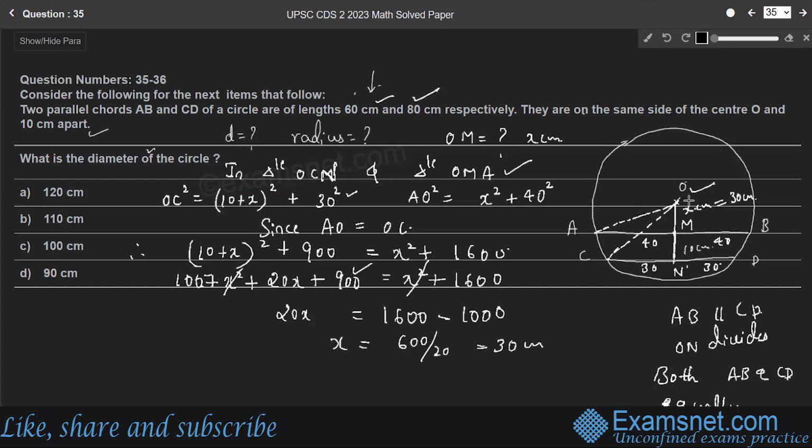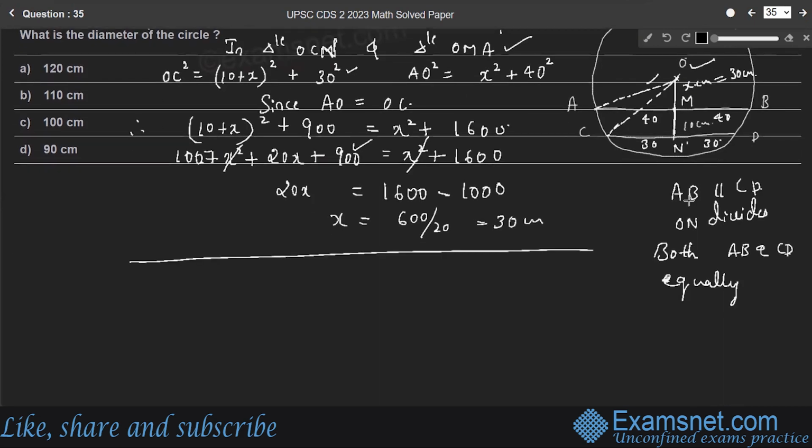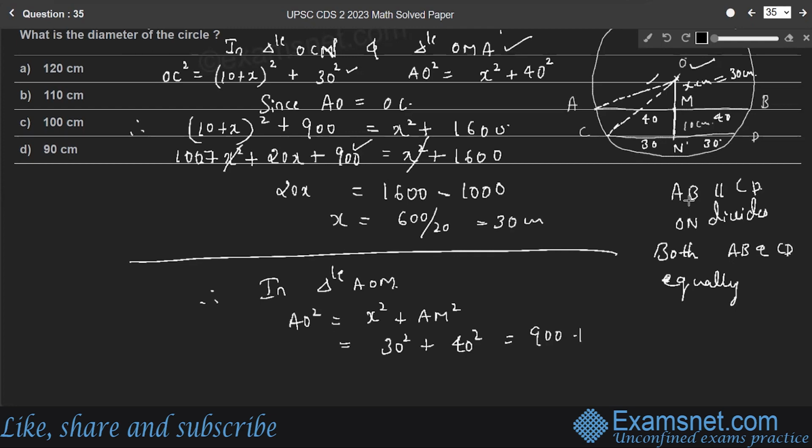Here we need the radius. So in triangle AOM, AO square is equal to OM square, which is x square, plus AM square. X is 30, so 30 square plus AM, 40 square. So 900 plus 1600 is 2500.